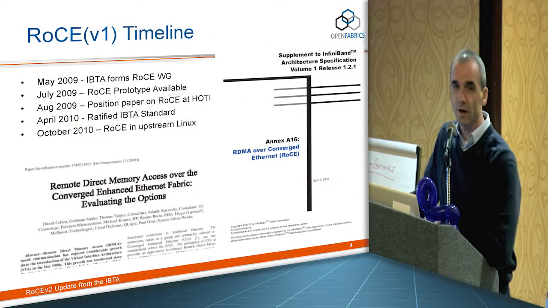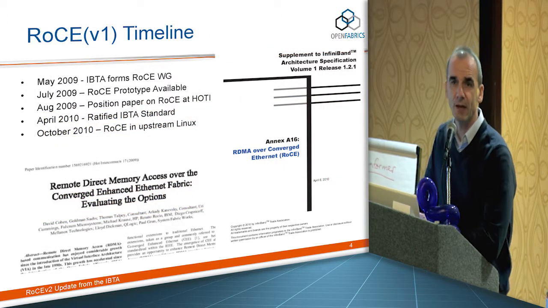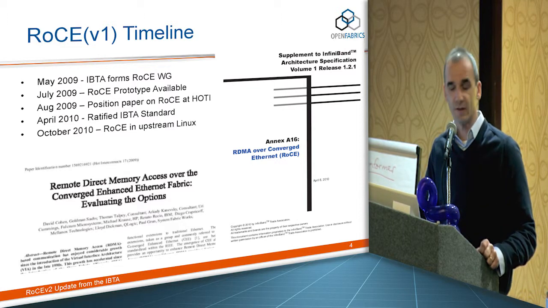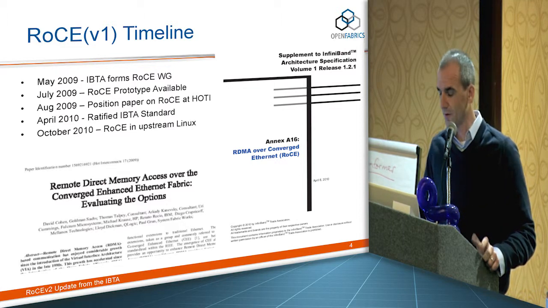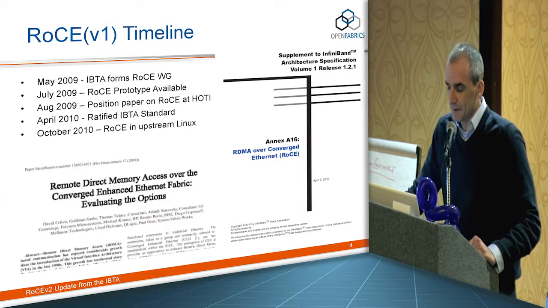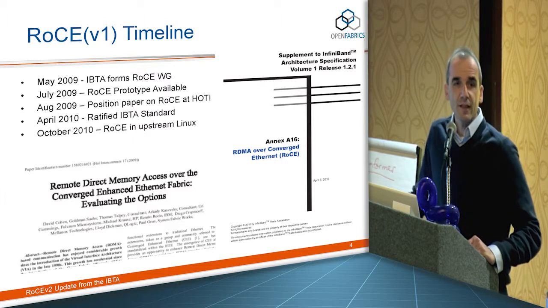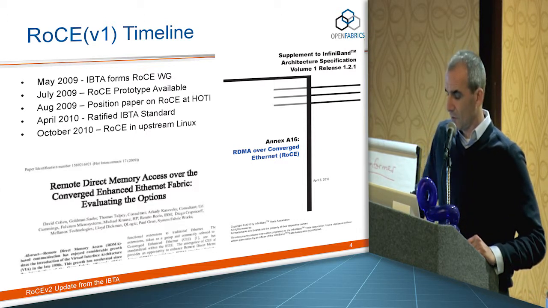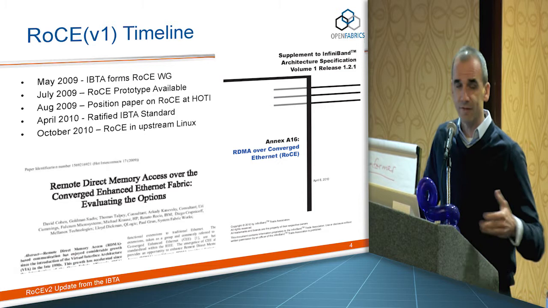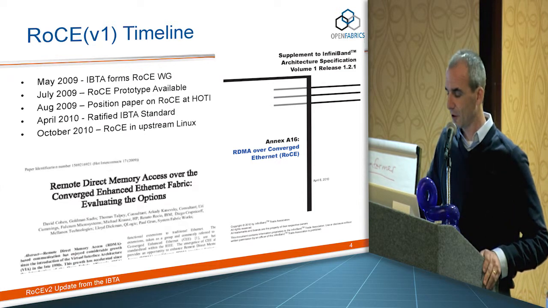We started this work in May of 2009 when the IBTA formed the RoCE working group. The working group is called the IBXOE working group within the IBTA. A couple months after that, we made available a prototype that was delivering on the promise of InfiniBand RDMA on top of Ethernet.